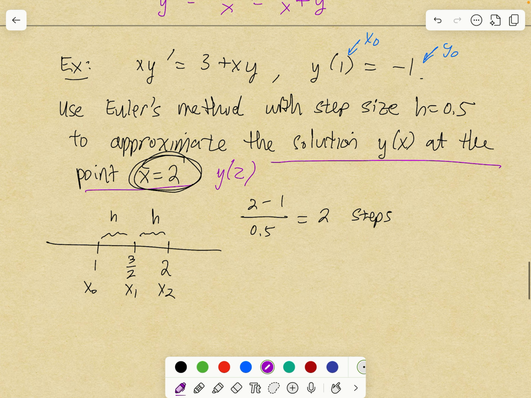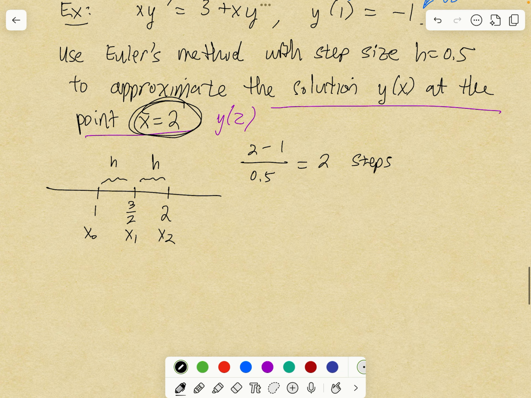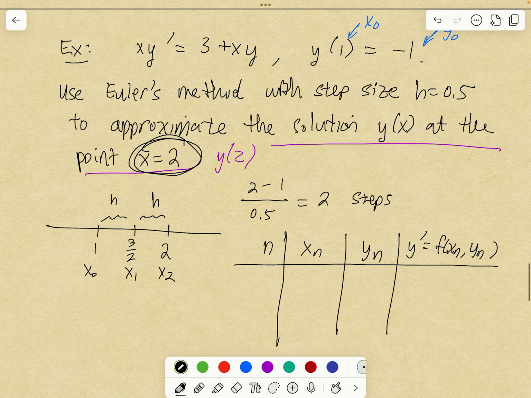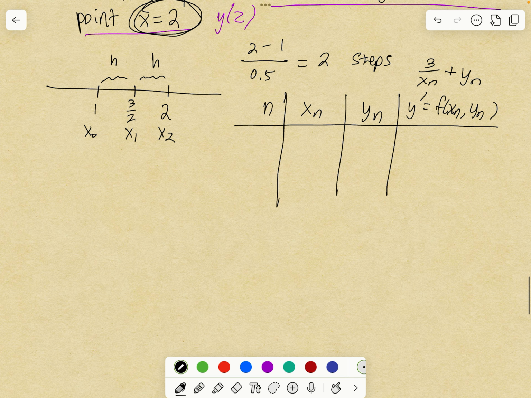Okay, so now we are actually ready to set up our table. So here's n, x sub n, y sub n, and y prime, which is f of x_n, y_n, which is 3 over x_n plus y_n.